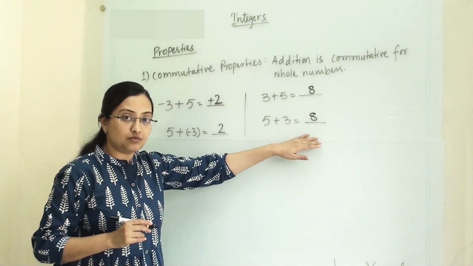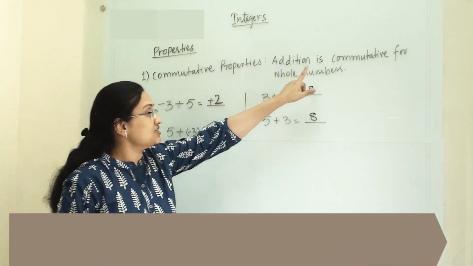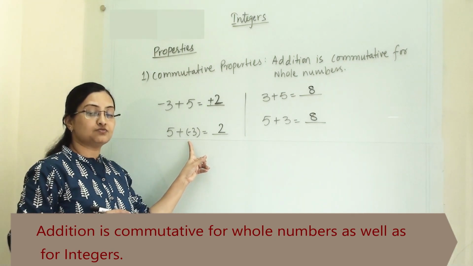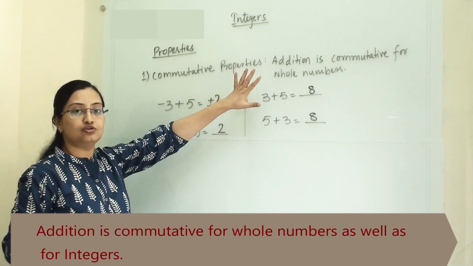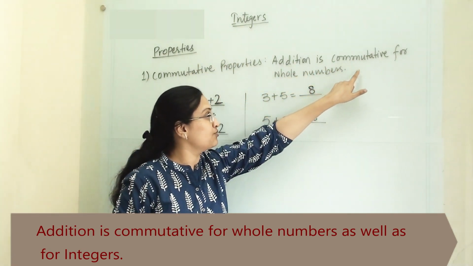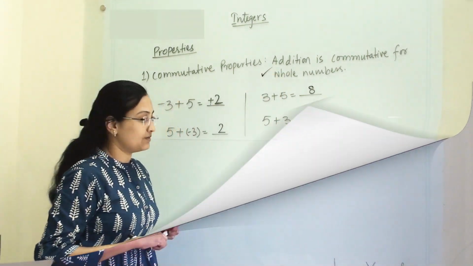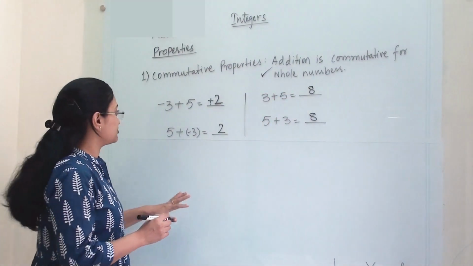So for whole numbers and for integers, addition is commutative. Why? Because even when we use negative numbers, addition holds true for the commutative property. So addition is commutative for whole numbers and integers. This sentence we need to remember. This is for addition. Now let us see the same thing for subtraction.